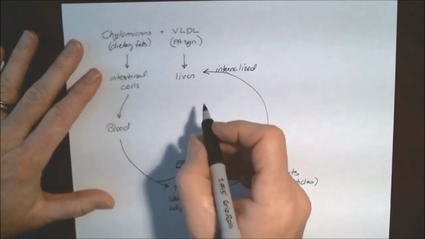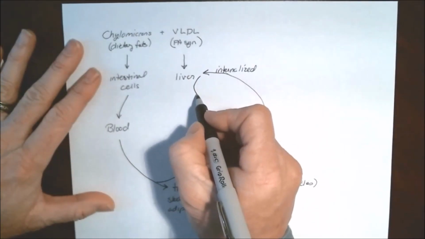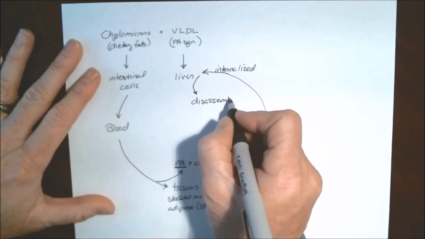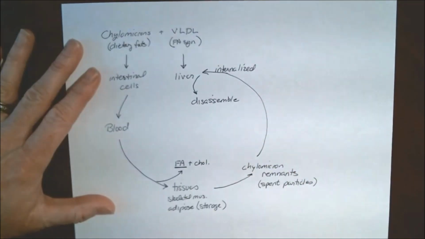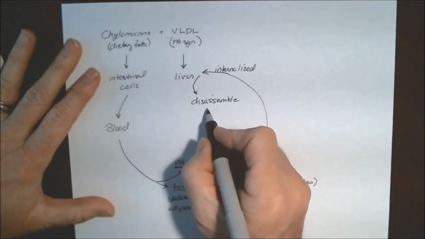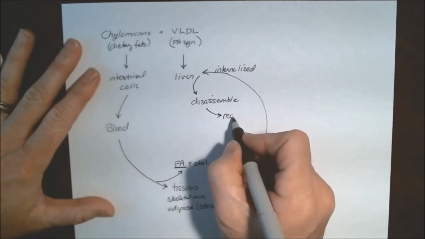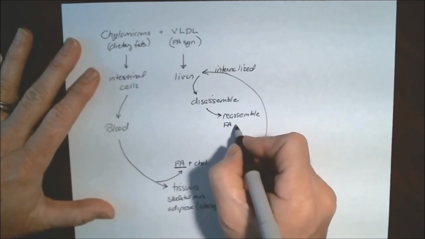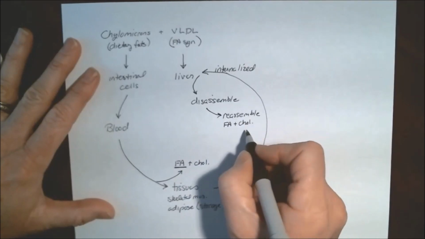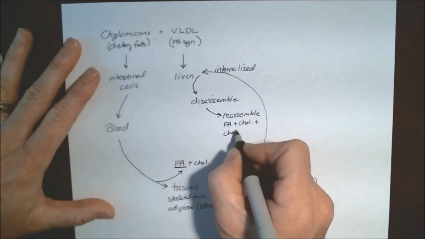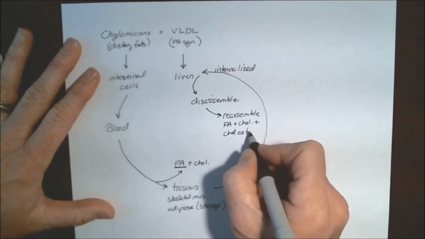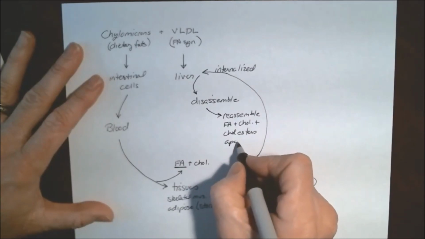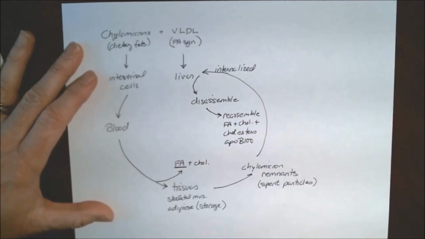The liver will then disassemble the chylomicron structure, and it will reassemble the fatty acids plus cholesterol plus the cholesterol esters with the skeleton protein that it synthesized, which is the ApoB100.